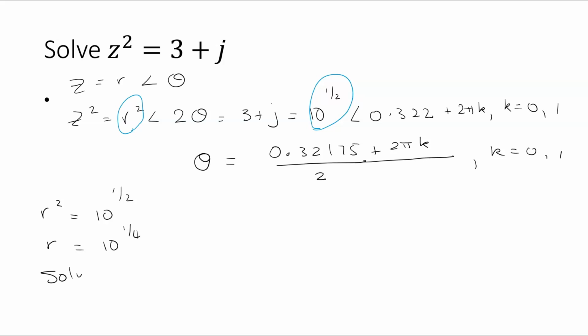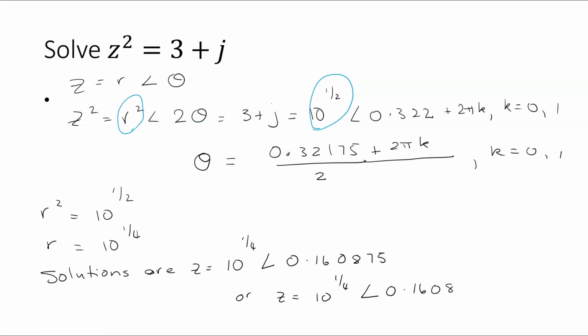Putting it all together then, the solutions are that z is equal to 10 to the power of a quarter angle, now that first one is 0.32 divided by 2, so that's 0.16, where k is 0, or z equals 10 to the power of a quarter, and it'll be that number plus 2 pi times 1, that's 2 pi over 2, which is pi.